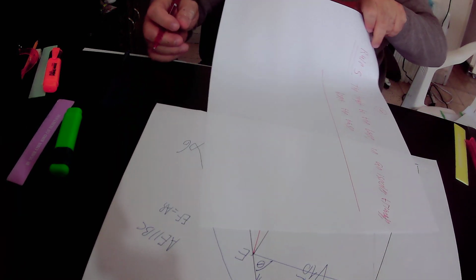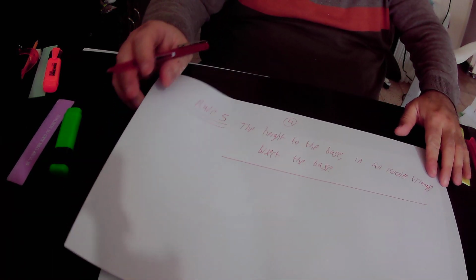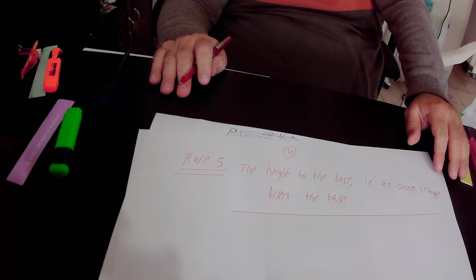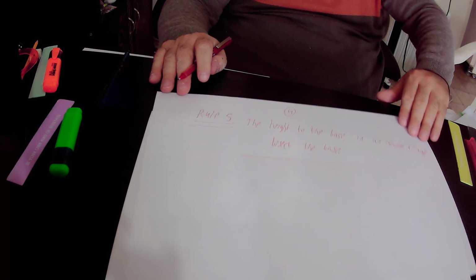We'll read rule number 5 again. According to rule number 5, the height to the base in an isosceles triangle bisects the base.